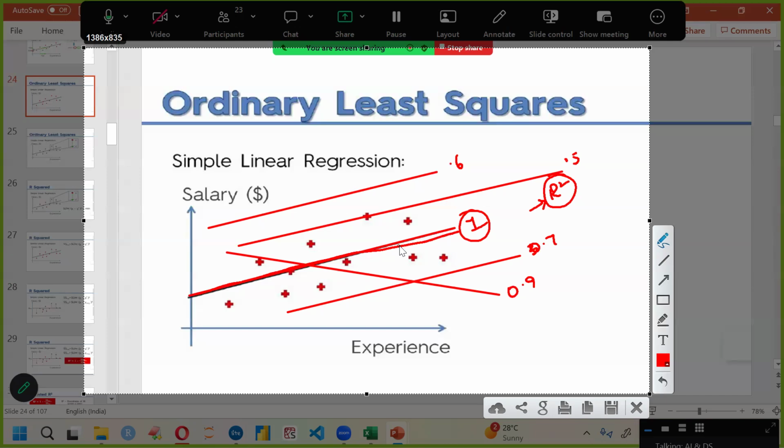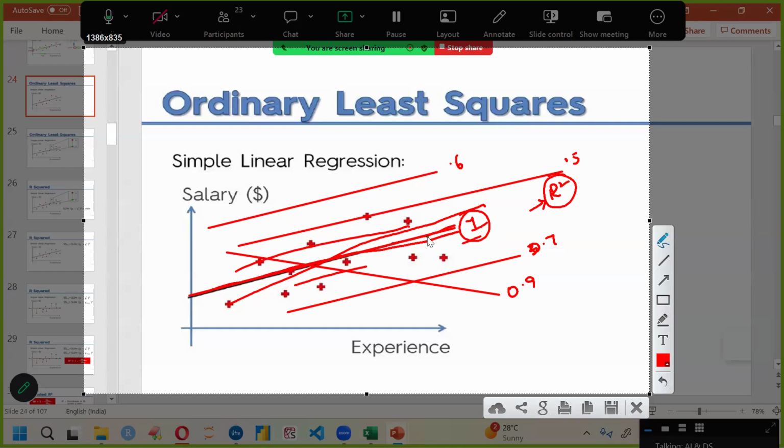So who is doing these calculations? And who is giving us the information that this line is the perfect line, and based upon that line, this should be the salary of a person with 3.5 years of experience? Our algorithm, linear regression, is going to do that. Internally, when you build the model, it takes the data and draws 100 lines, and for each line it calculates the R square.